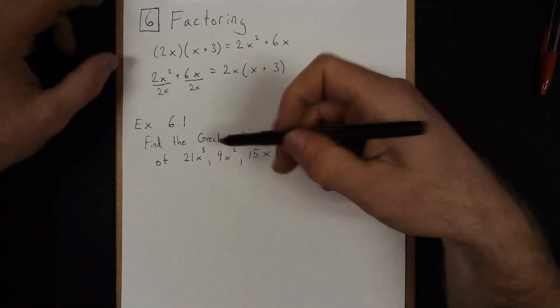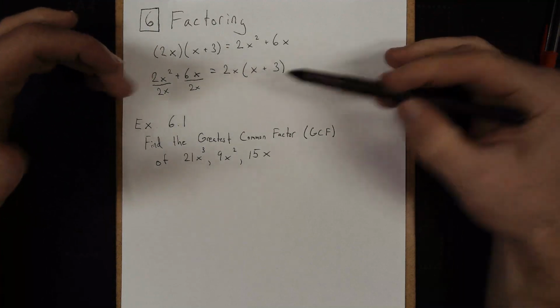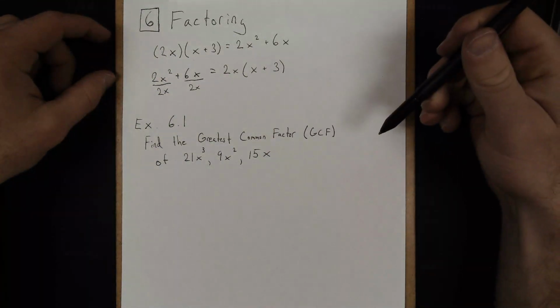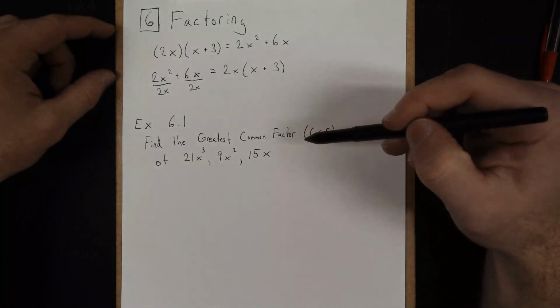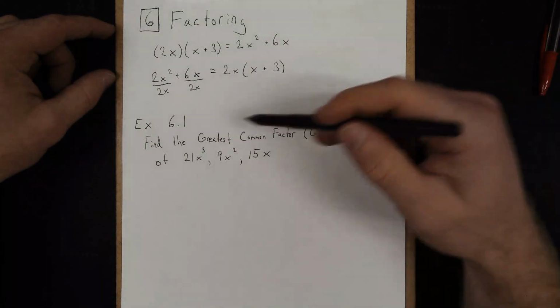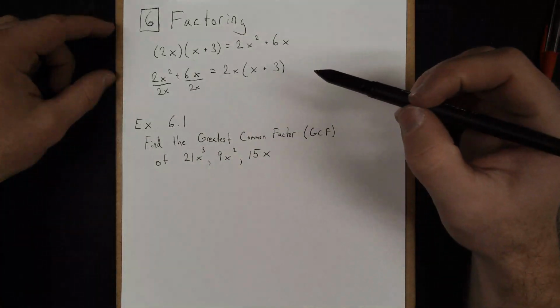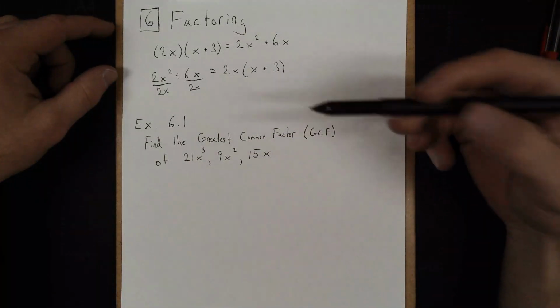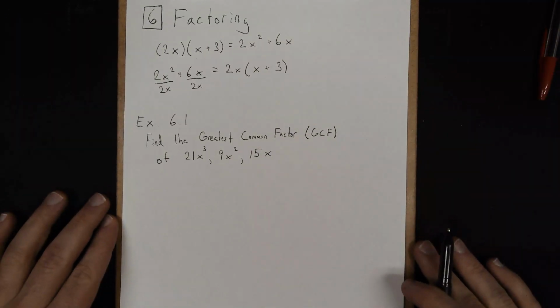All this is essentially asking is, what is the biggest thing that can fit into each one of these? You might already have an answer, but let's say these are huge numbers. I'm going to show you how to do this for any number. Eventually, we'll be able to do this in our head, but right now we're going to learn how to do it the long way.